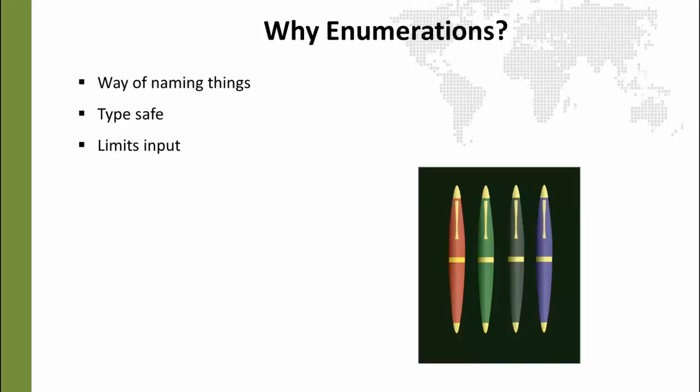What if they enter a number greater than 12? Is it zero-indexed or does it start at 1? For example, does month 1 mean January or does month 0 mean January? You would have to check all these things, but by using an enumeration, you limit that input. And then of course, it groups things in a set.